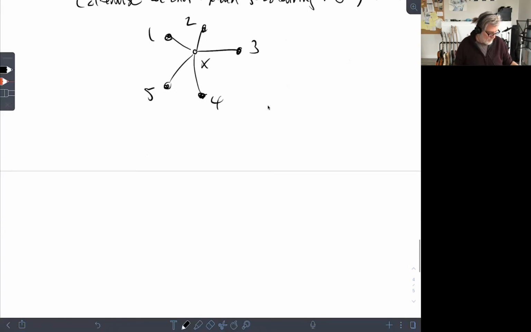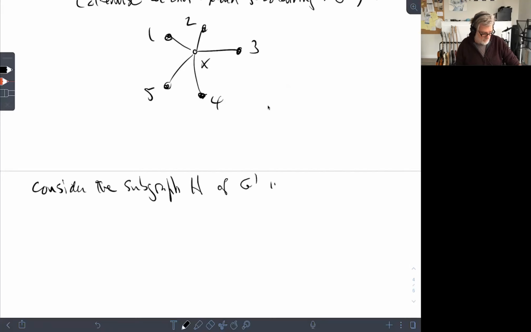Let's consider the following subgraph, let's call it H, of G prime induced by vertices. This is just a little bit tricky.